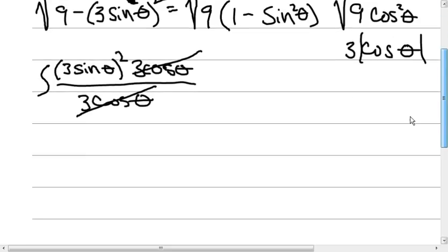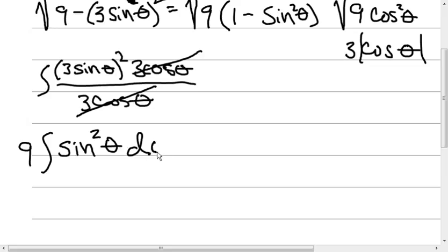And we're going to get 3 times 3 is 9, so we get 9 on the outside. We don't need to leave it in there. And then a sine squared theta d theta. Now we've got to figure out how we're going to handle integrating that sine squared theta. And as you recall, in the last section, we spent a lot of time with the power reduction idea and the double angle, and we're going to use that trick right now.